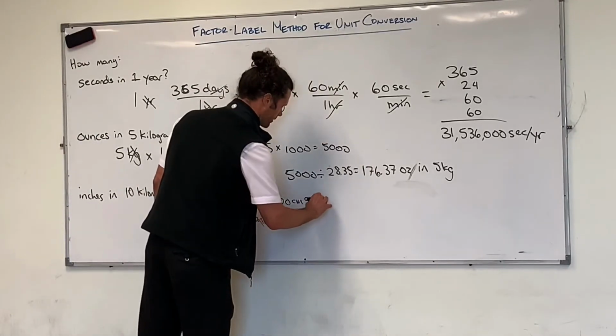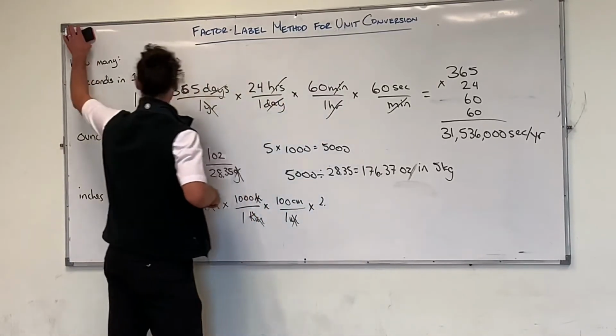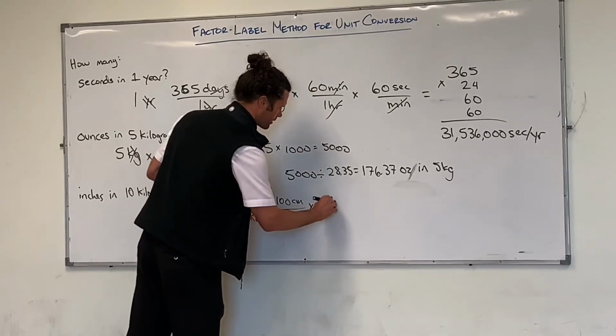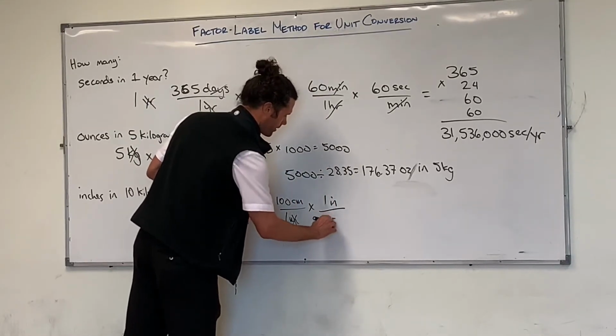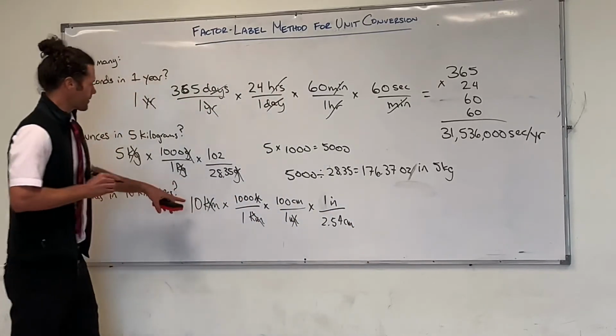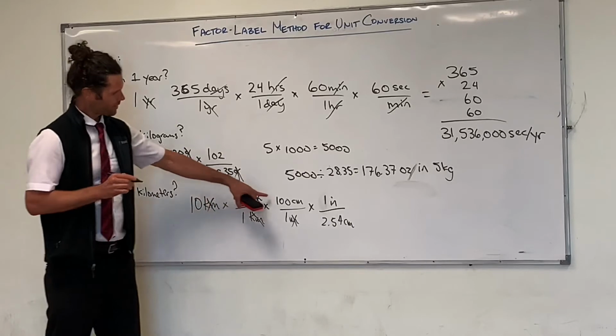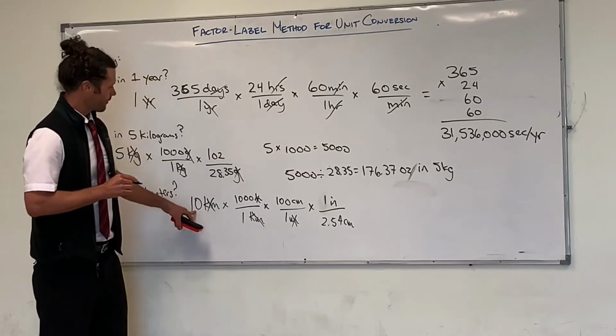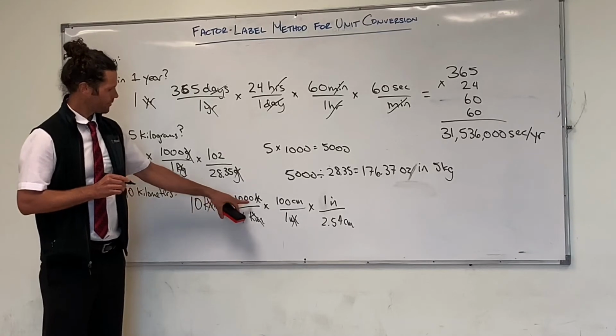You should know that there are 2.54 centimeters per inch. So we've got 1 inch on the top, 2.54 cm on the bottom. So we've got 10 times 1,000 times 100 divided by 2.54. This is 10 to the first, this is 10 to the third. 1, 2, 3 zeros.